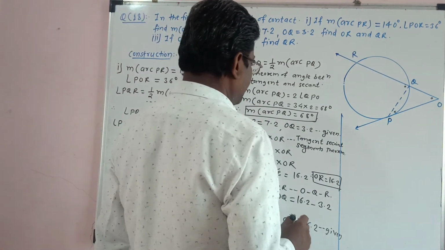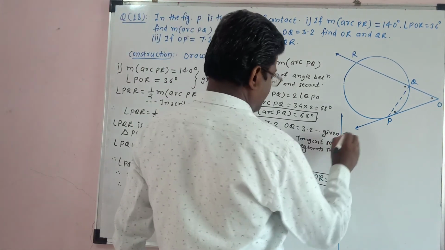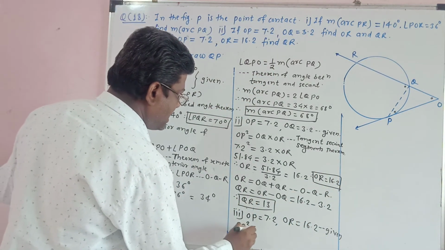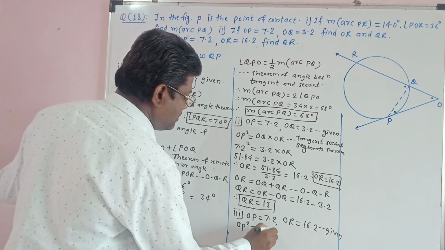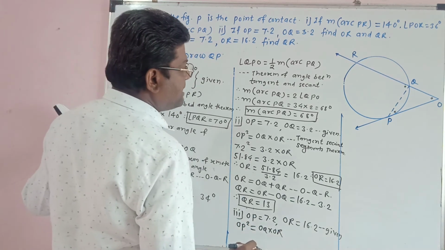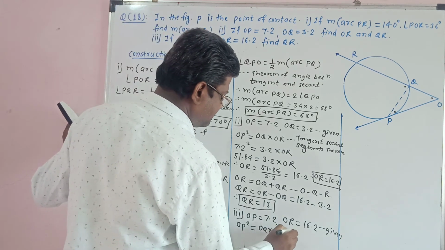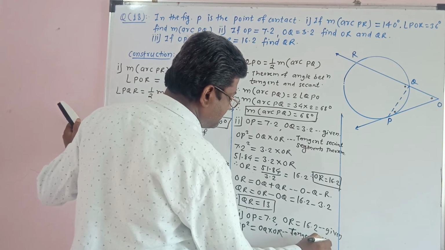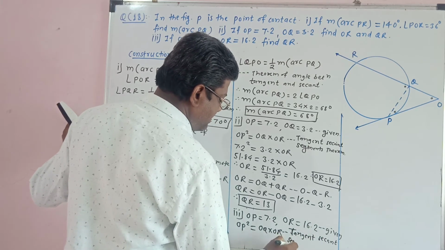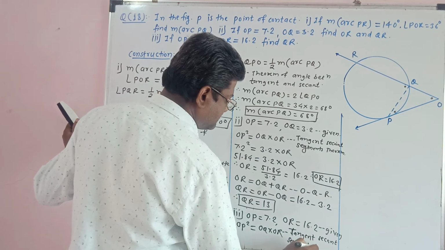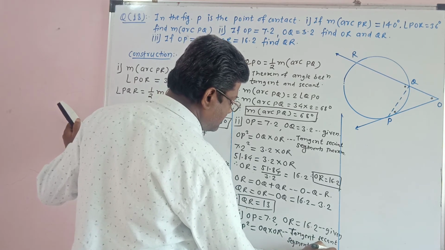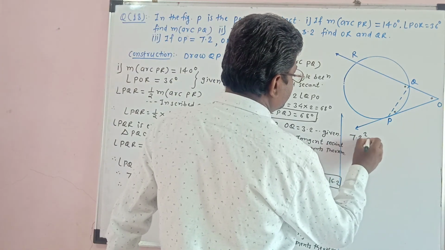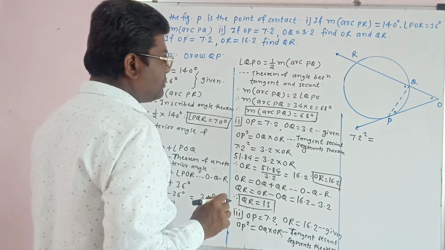So once again, here we write OP square is equal to OQ into OR. Tangent secant segments theorem. Now OP is 7.2, so 7.2 square is equal to OQ into OR.